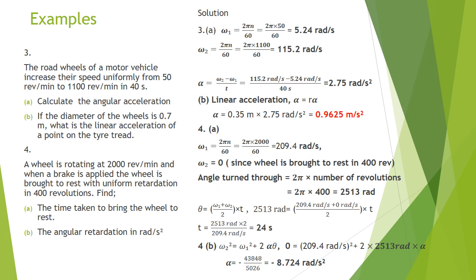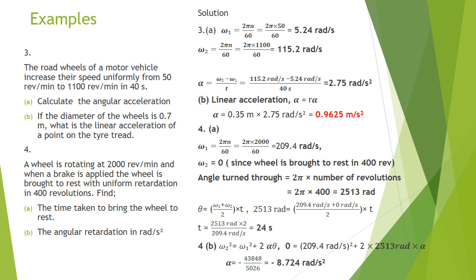Why is it 0.35 meters? The diameter is given as 0.7, so we're looking for the radius. We divide 0.7 by 2, and we're going to have 0.35 meters. And then we multiply by angular acceleration, which is 2.75 rad per second squared, and when we compute that, it will give us 0.9625 meters per second squared.